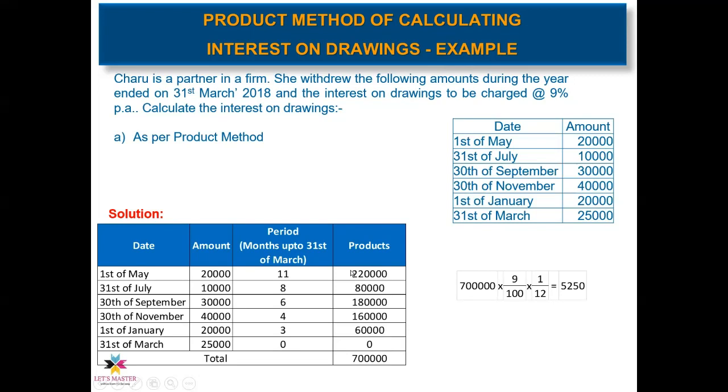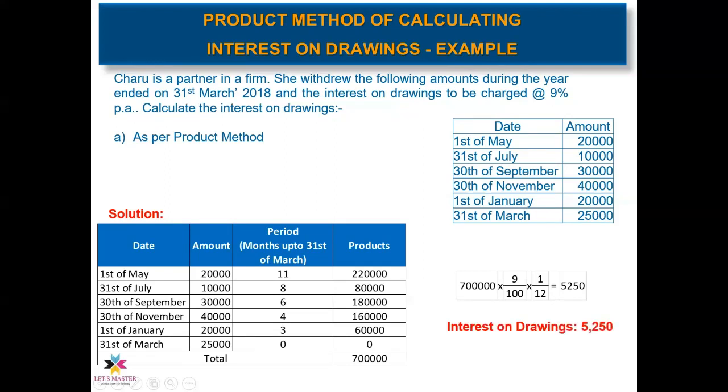Then in the next step, we will do a sum of all the products, which comes out to 7 lakhs. Now on this 7 lakhs, we will calculate the interest at a rate of 9% per annum. But remember, we will calculate this interest only for 1 month, which comes out to 5,250.